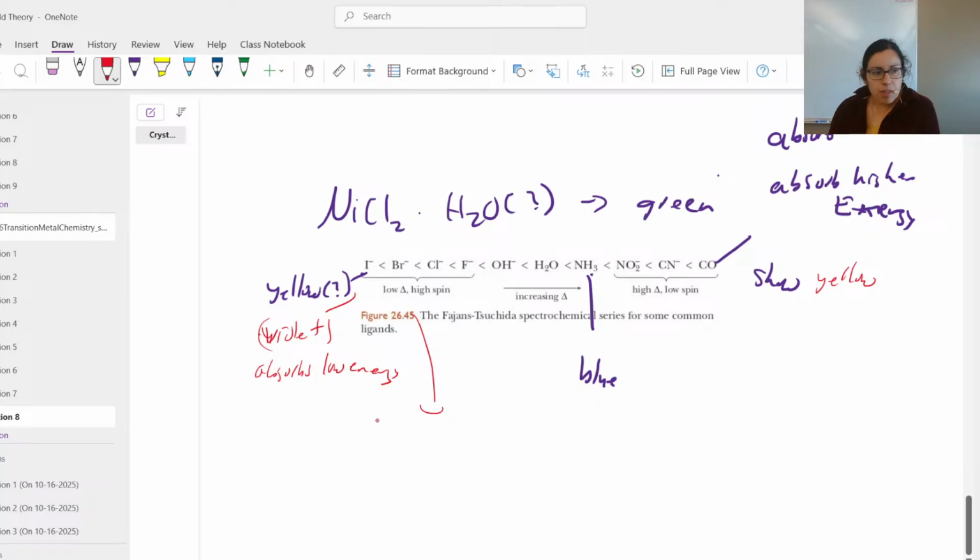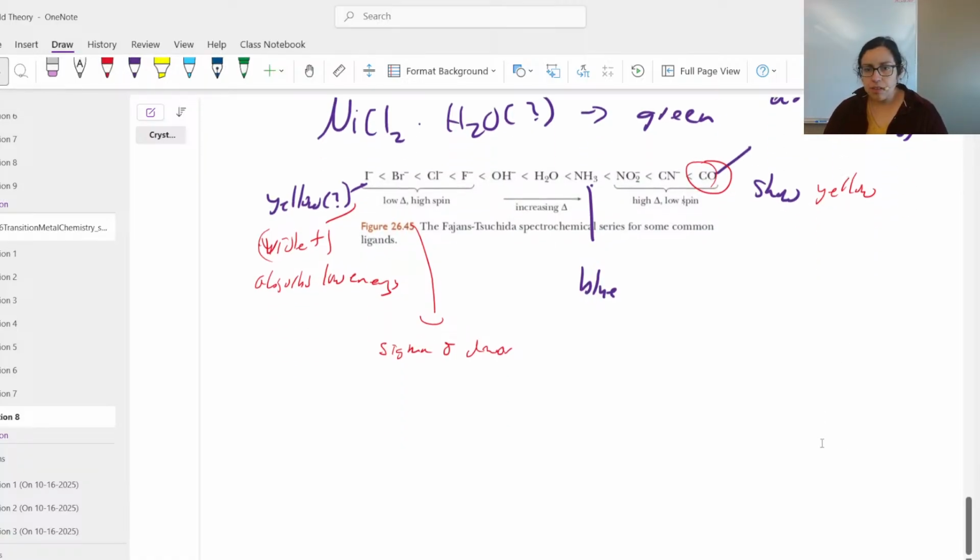So these are all just more of our sigma donors. And so now let's think about what's special about CO, which I think we had briefly talked about, but we'll discuss it again.